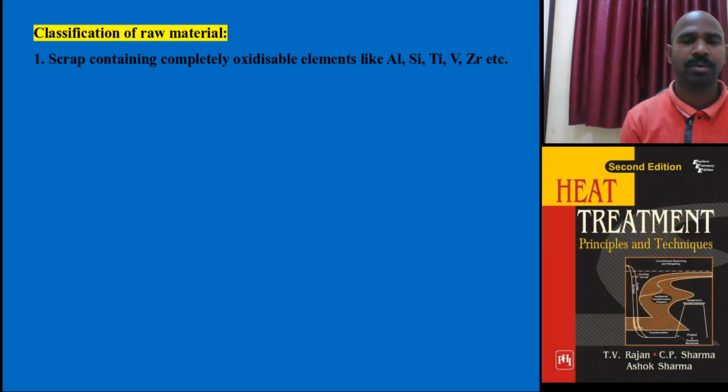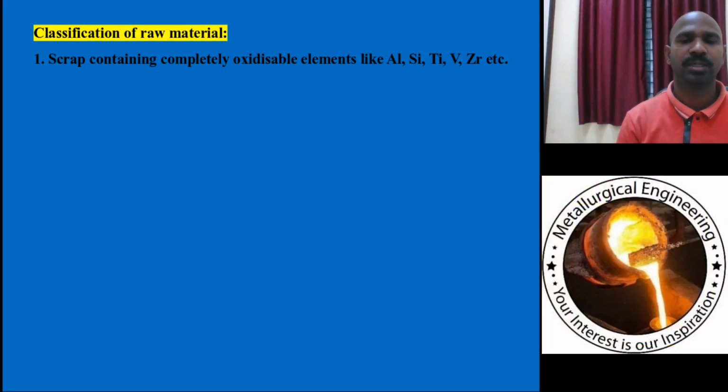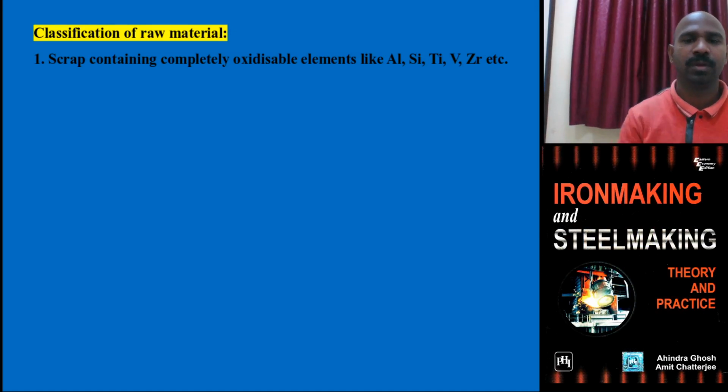There will be scrap containing oxidizing elements such as aluminum and silicon. These will immediately get oxidized. You will take out a single oxidizing slag, phosphorus will be removed, and you will take out the hot metal steel. That is one step of steel production.